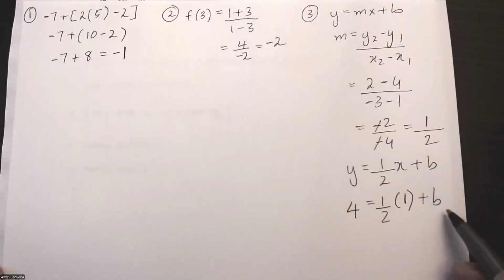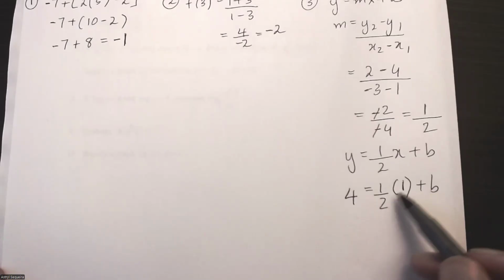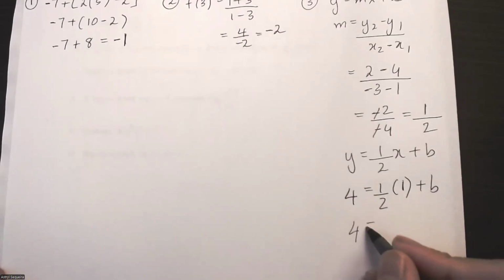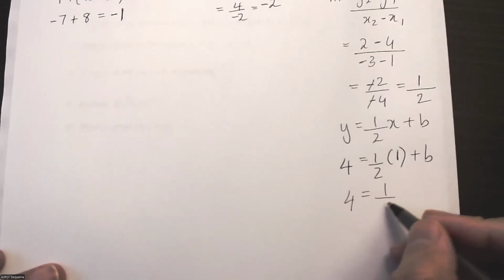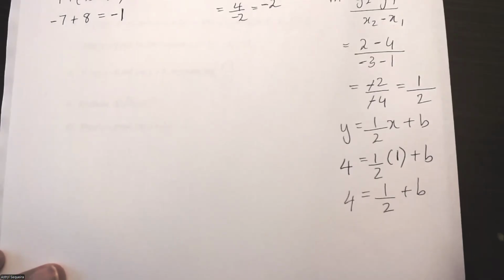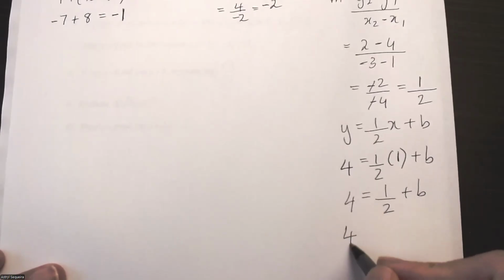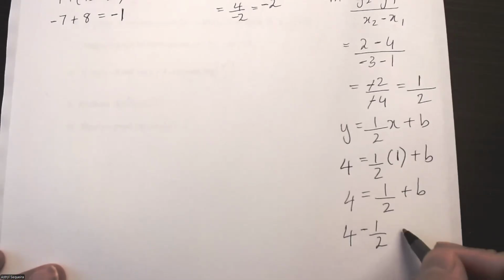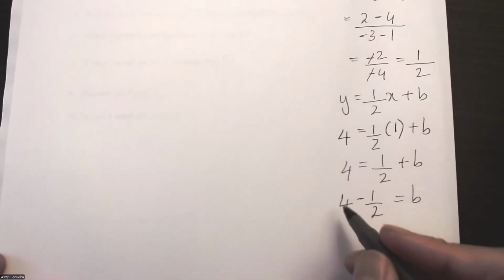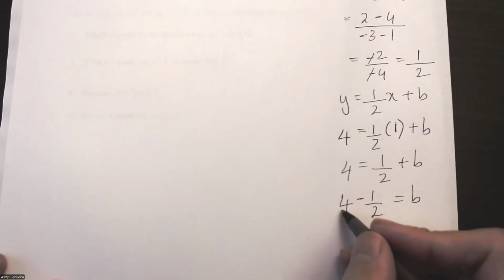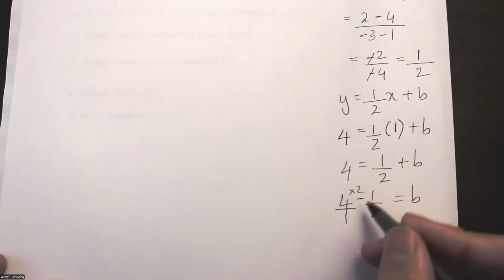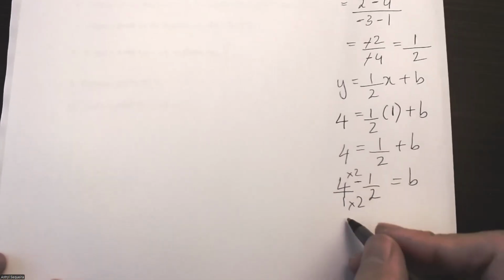Now I just have to solve for b. Start with this multiplication over here. 1 over 2 times 1 is just 1 over 2. Going to move it to the other side and subtract it. Need to make a common denominator over here. So I'll multiply the top and bottom by 2.